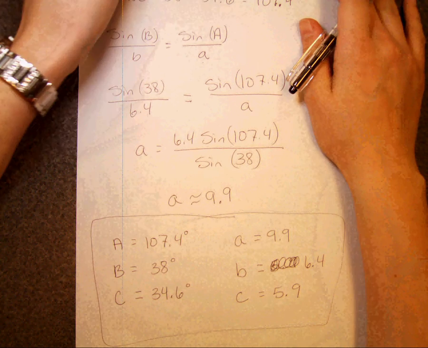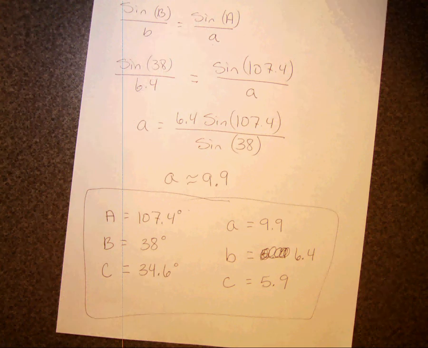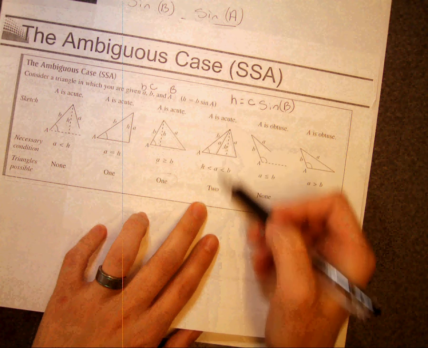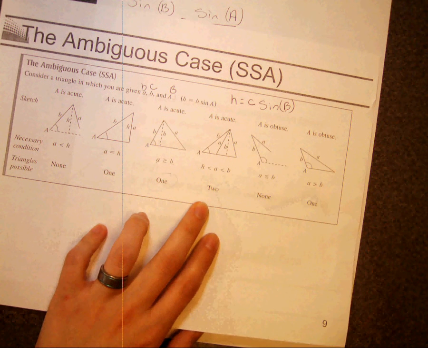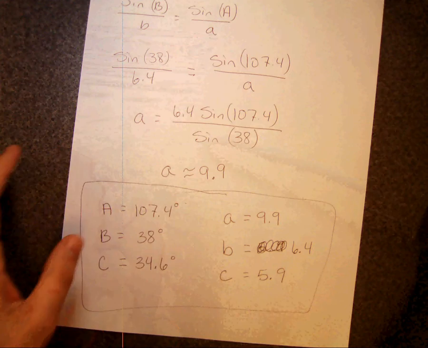Recall that if you have come up with the case where we have two triangles, you're going to start off solving just like normal, and then you have to find the other angle. So let's go ahead and do an example of that.